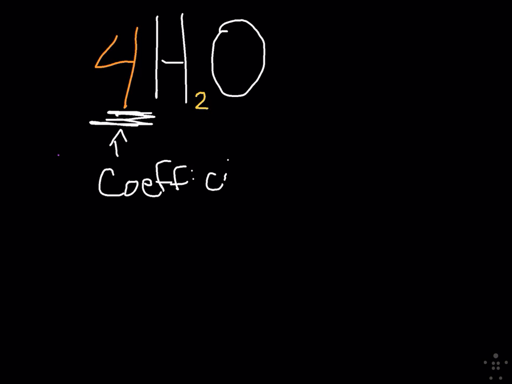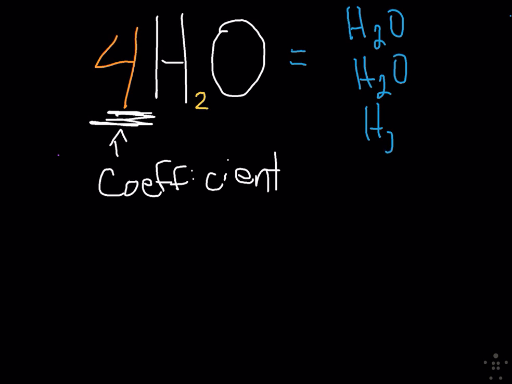Coefficient. I can't spell. That's okay. Now, with the coefficient, this is what it means, and I'm going to draw it for you guys off to the side. This and this mean the same thing. I don't like to write H2O 4 times. They're equivalent.